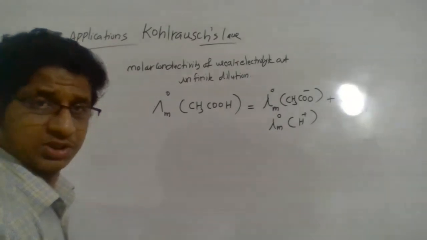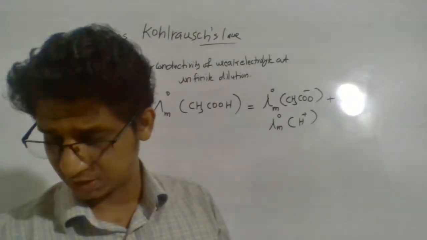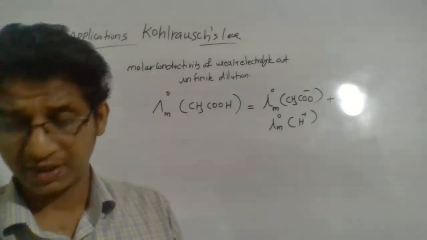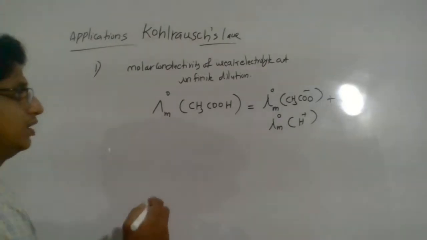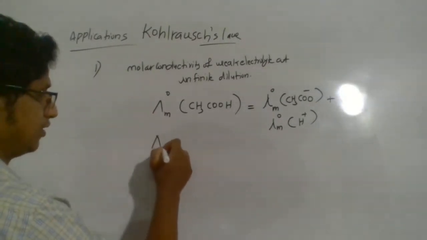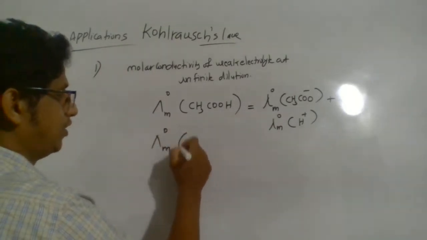But how is it possible, let us check. Now we can have the value of molar conductivity of a strong electrolyte like HCl. You can have molar conductivity at infinite dilution of HCl.